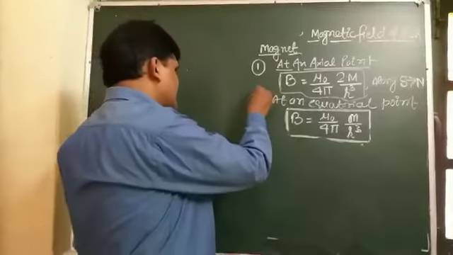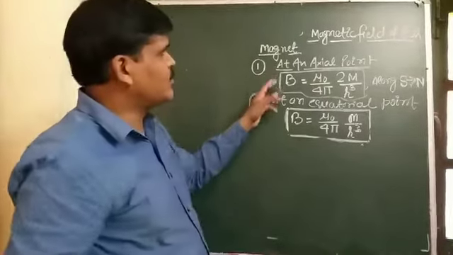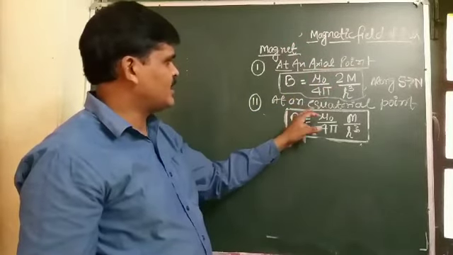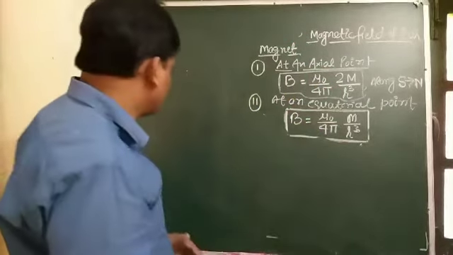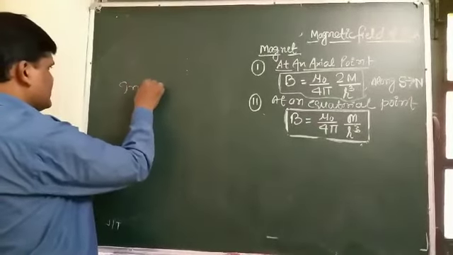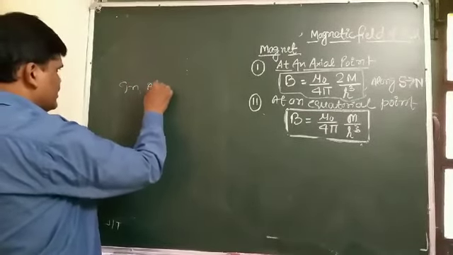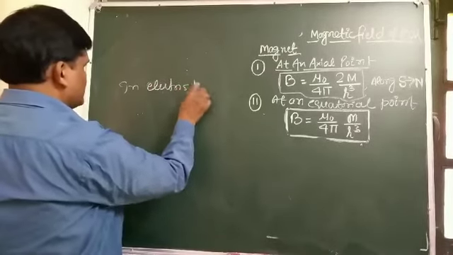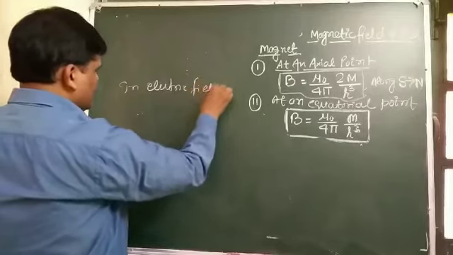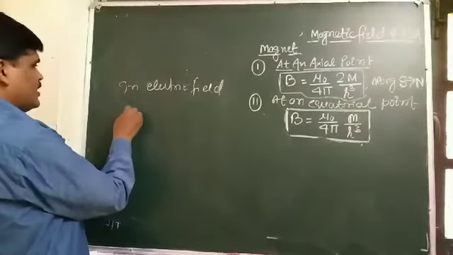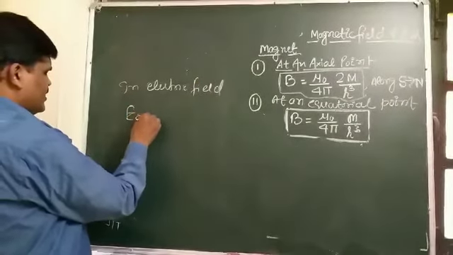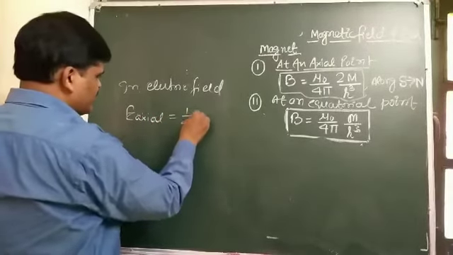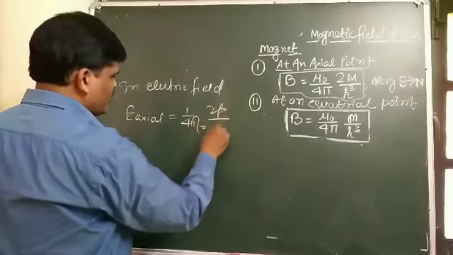So I will directly write the formula of magnetic field of a bar magnet at an axial point and at an equatorial point. Already you know that in electrostatics, the electric field due to an electric dipole, E axial, is 1 upon 4 pi epsilon 0 into 2p by r cube.